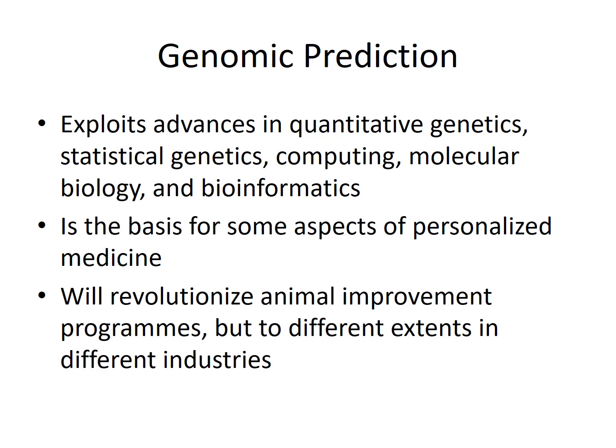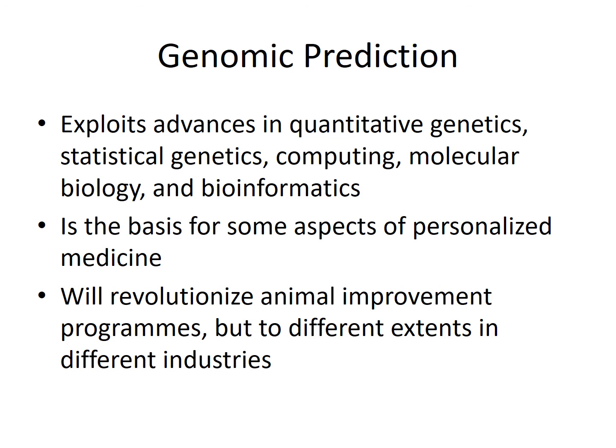It's been a much easier technology to adopt in the dairy industry than the beef cattle industry, because dairy bulls are very valuable and you can't measure milk production in the bulls themselves. You have had to progeny test the bull to identify a bull with an above average breeding value, and that costs a lot of money and takes a lot of time.